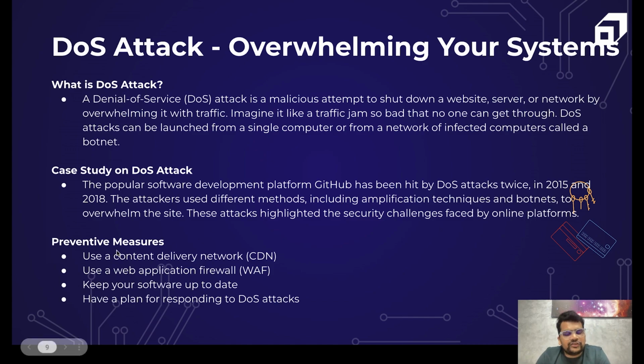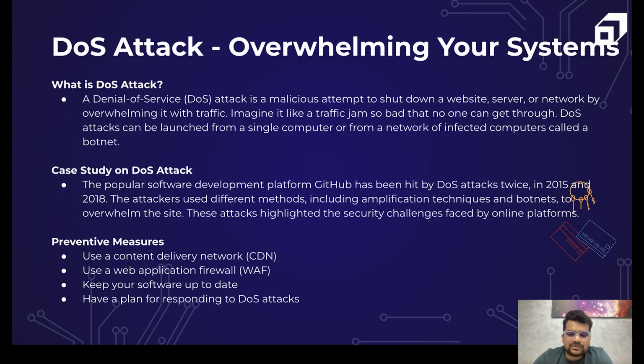Okay, now the preventive measures are: first, you have to use a content delivery network, CDN. So what does CDN mean over here? If one particular server is overwhelmed, right, then what CDN does is route the traffic to another server, and that server will have some kind of regulation so that the network is not hacked, or not overwhelmed with botnets, right?